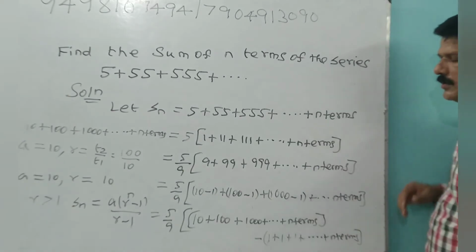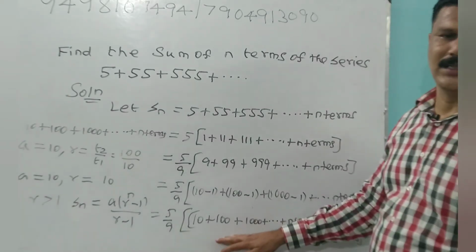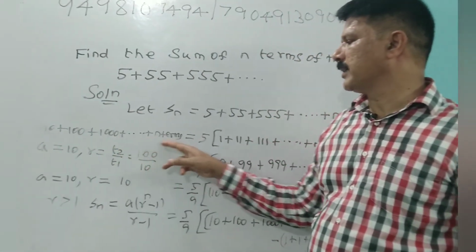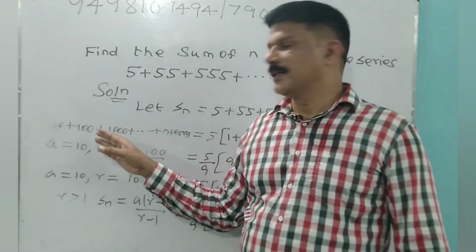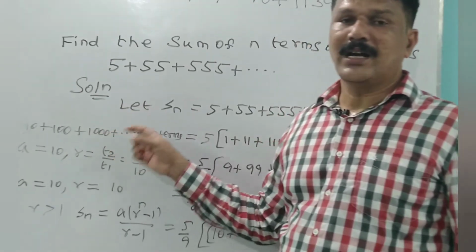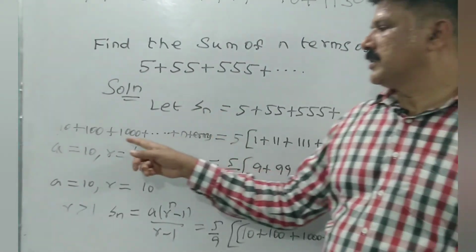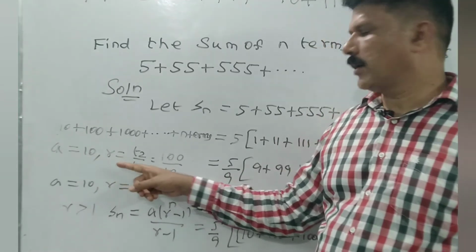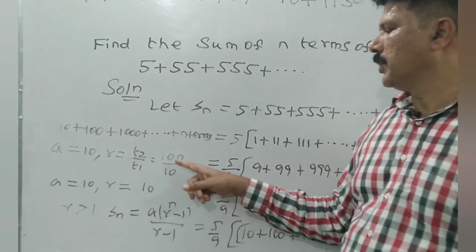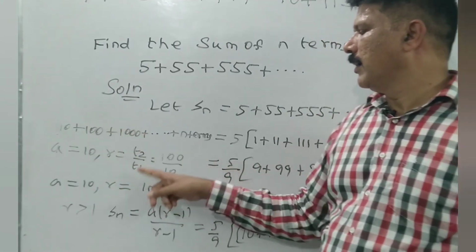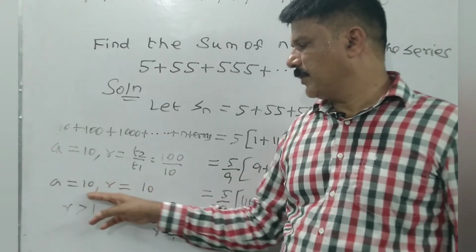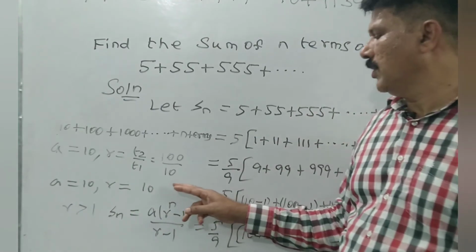plus n terms. We take the first series, 10 plus 100 plus 1000 plus etc., n terms. It is a GP. So what is the first term? A equals 10. Common ratio R equals T2 by T1 equals 100 by 10 equals 10. So in this sum, first term is 10 and common ratio is also 10.